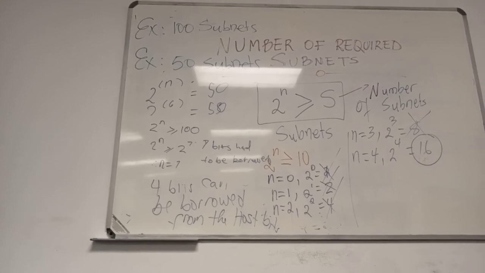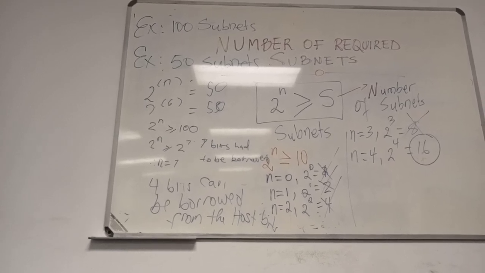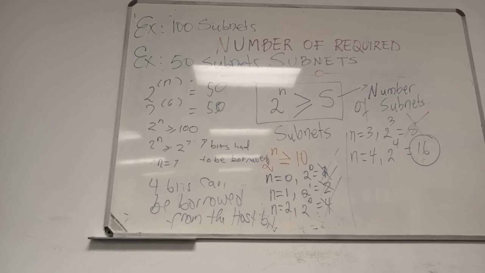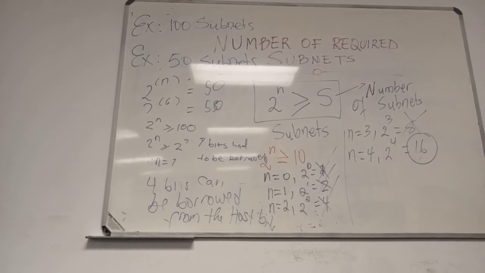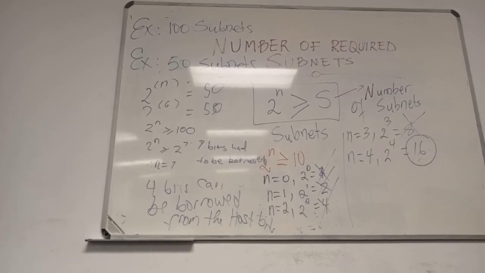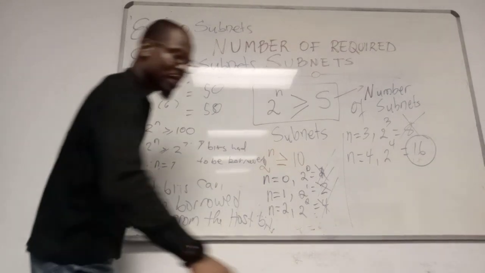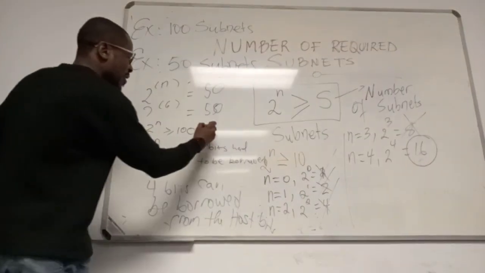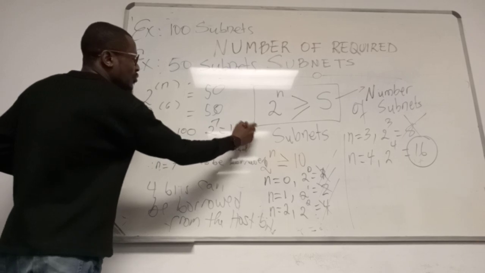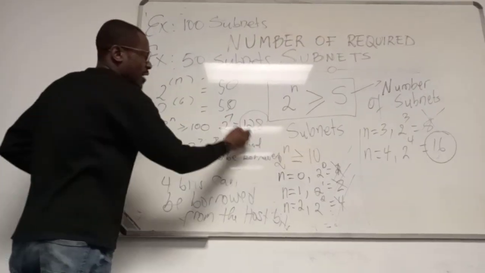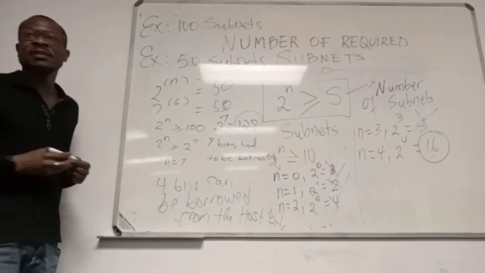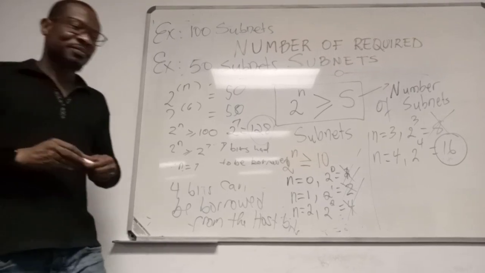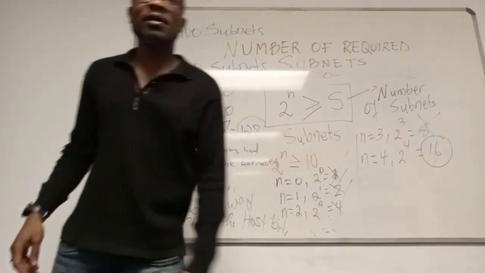If there are new computers or the company is expanding, you can use those extra subnetworks. So when n is 7, 2 to the power of 7 is 128, which is more than 100. Okay, thank you very much.